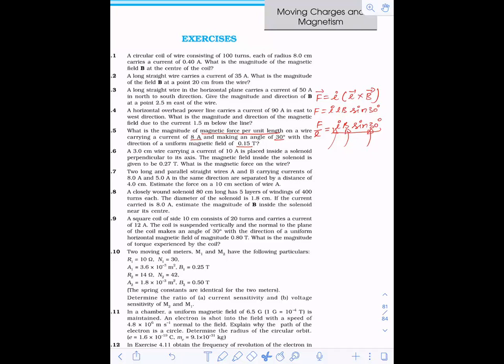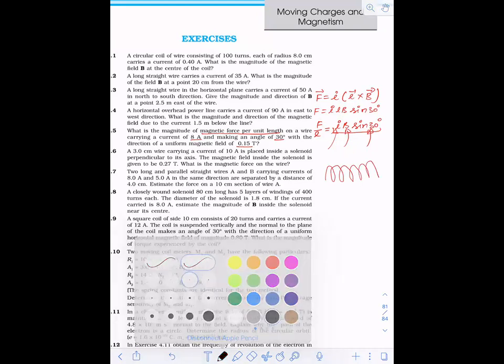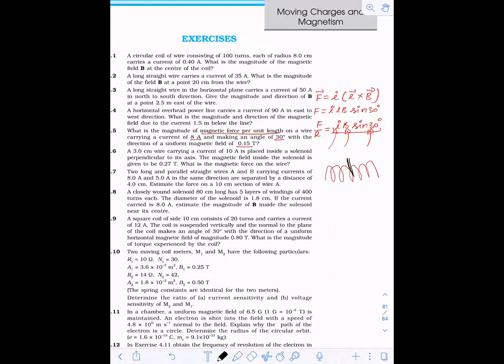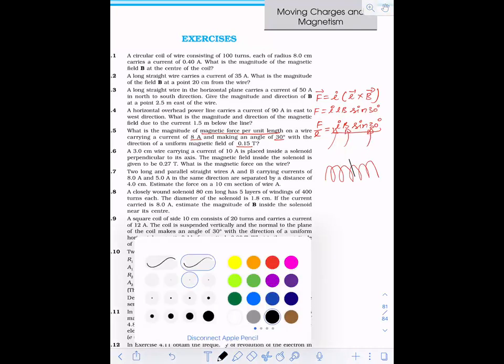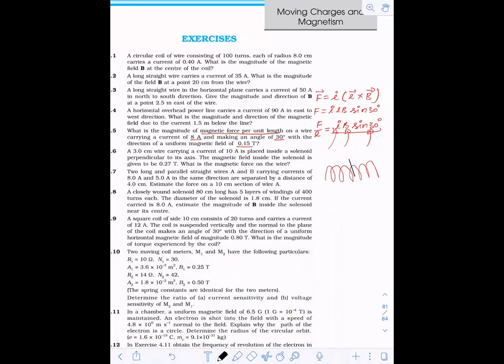Here we have to calculate the magnetic force. There is a solenoid, so let us make the figure and visualize the condition. We have a solenoid like this, and in it a wire which measures 3 centimeter in length. This is the L vector, this is the B vector.